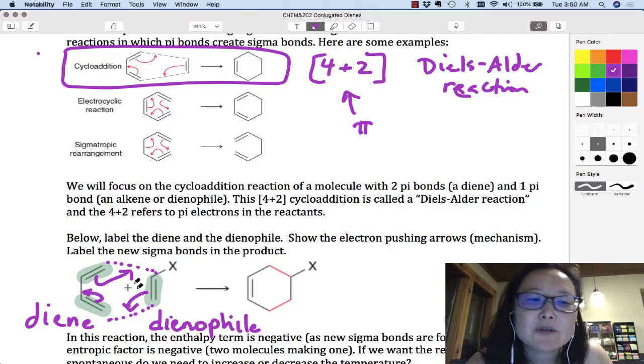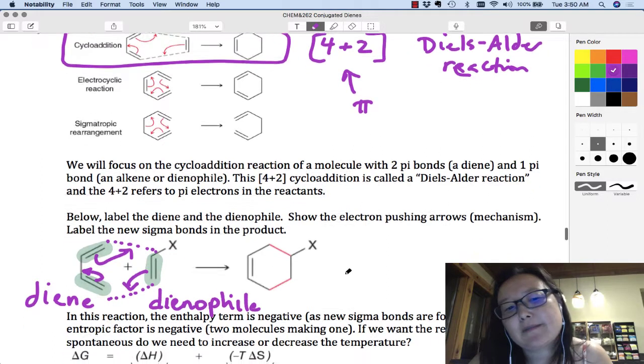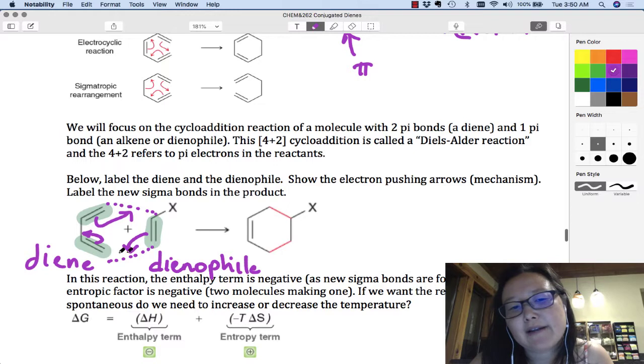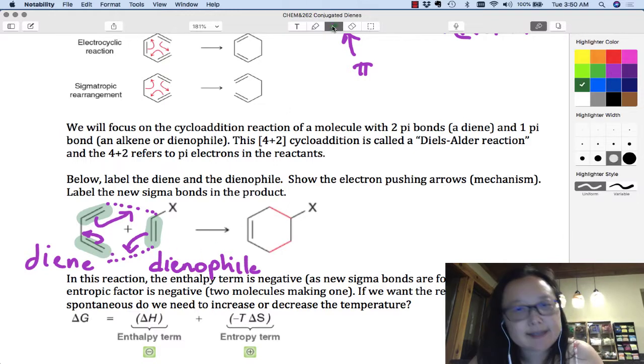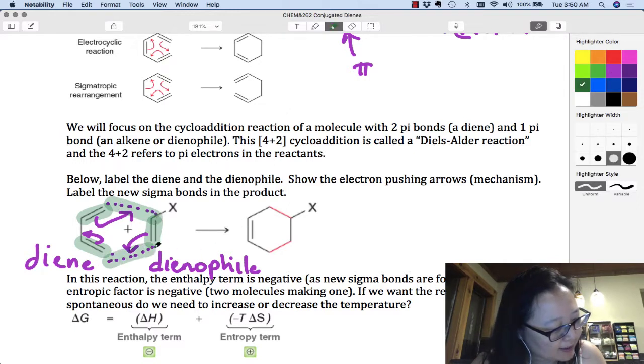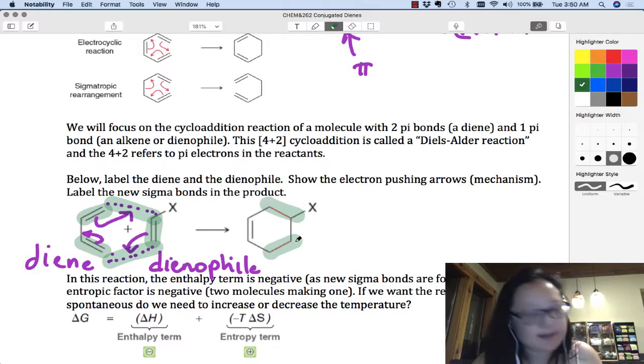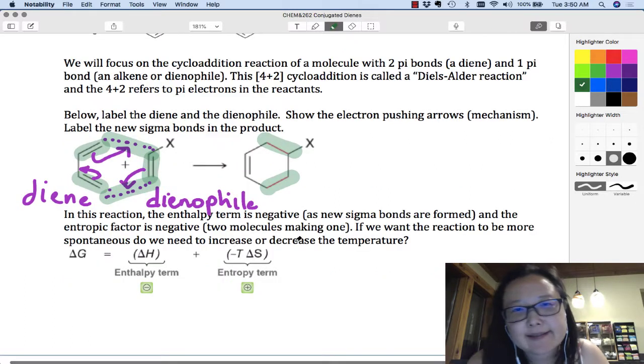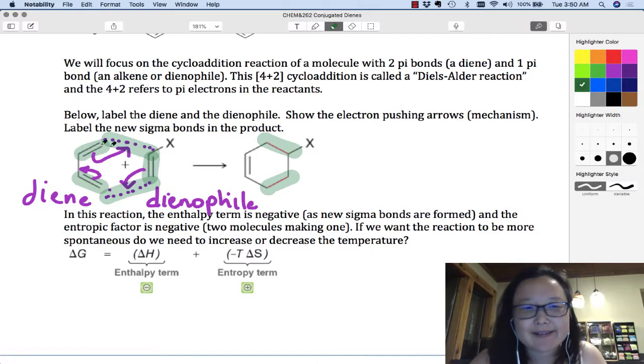So we're making 2 sigma bonds and a pi bond from 3 pi bonds. And notice the new bonds right here and right here are highlighted. All right? So I think this is a really fun reaction with the arrows.